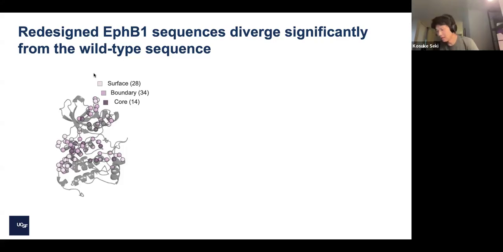When you say longer residues, do you mean more residues that are redesigned or something else? I'm talking about the effect of length on the residues and the kind of functional outcome of the mutation or the redesign.